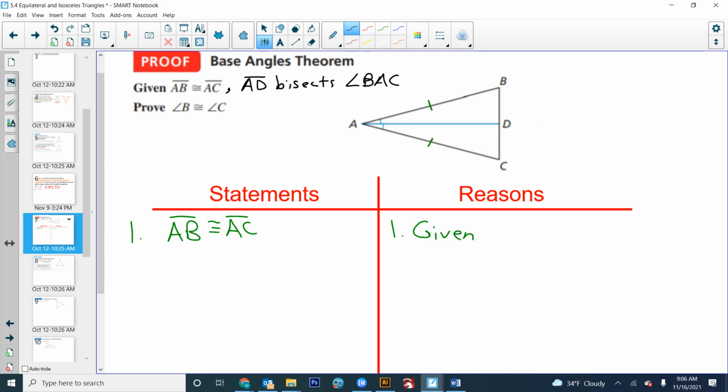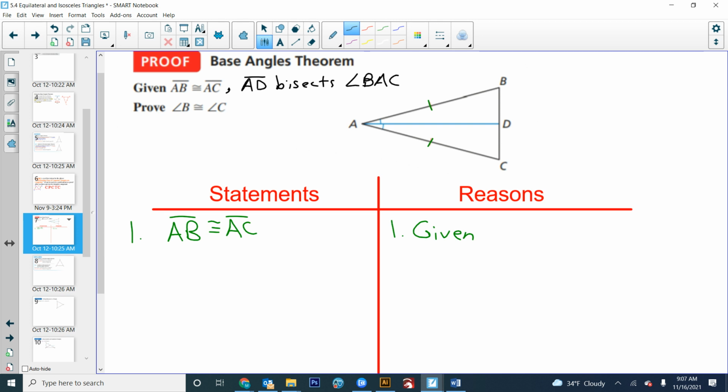Ooh, got to dig deep. Back to the proof tips, way back when. If I'm told I have an angle bisector, what is an angle bisector? It cuts an angle in half and creates two congruent angles. Do not say sides.